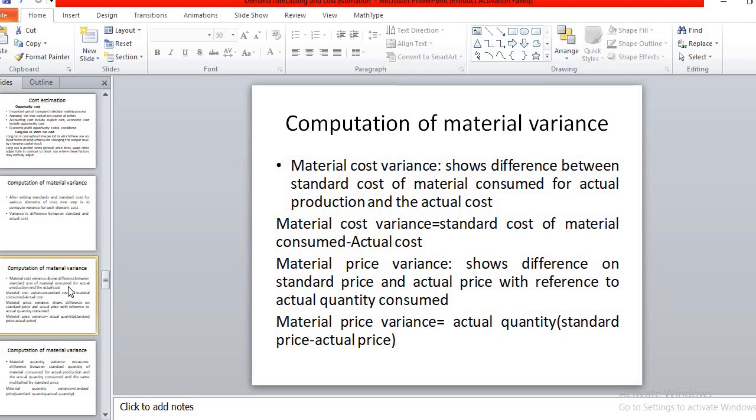Material price variance is related to the difference between the standard and actual price of that particular material, considered with reference to the quantity consumed.